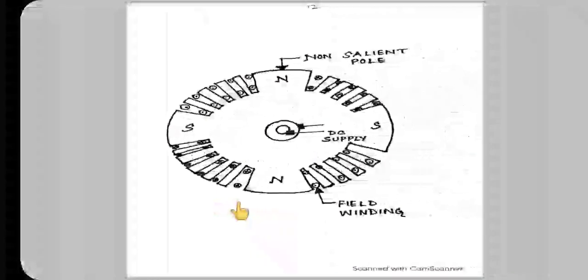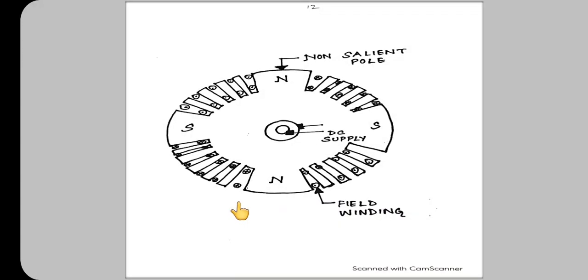Now let us discuss the non-salient or cylindrical pole type rotor. This figure shows a non-salient pole type rotor. This type of rotor is made of smooth solid steel cylinders having a number of slots along the outer periphery of the field.